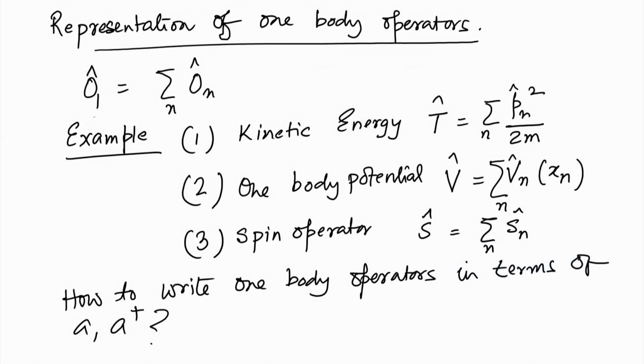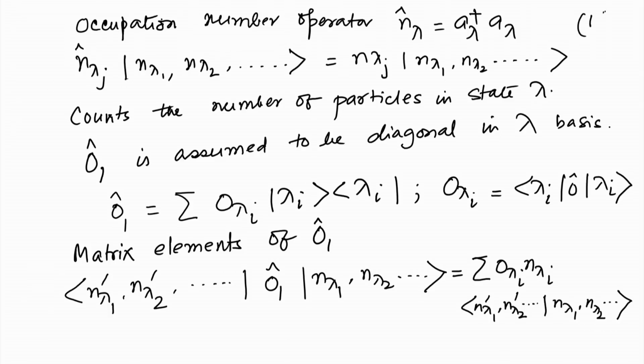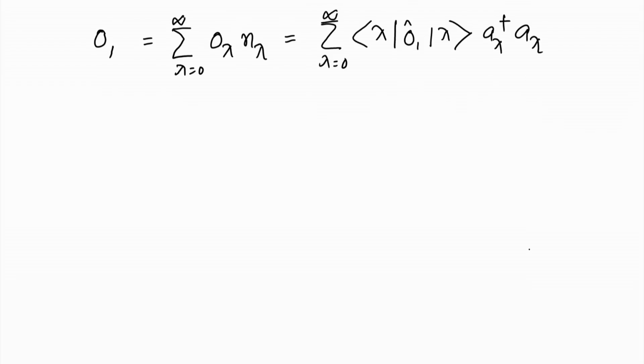Let us call the first equation 1, the next equation 2, and this equation 3. If you look at equation 1, then my operator O1 is represented by the matrix element of that operator in the lambda basis, and then there is a lambda dagger a lambda, which is nothing but the occupation number n lambda that is written here, and let us call this equation 4.